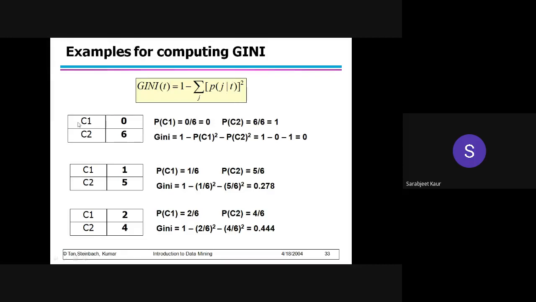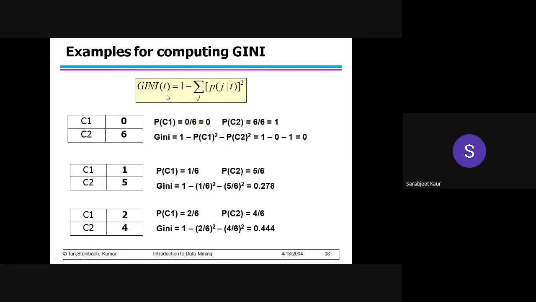So what is the probability of C1? It is 0 by 6. That is clear to you? How would you compute the probability of class C1? 0 divided by the total number of tuples, that is 6, right? And C2, 6 divided by 6, that is 1, right?